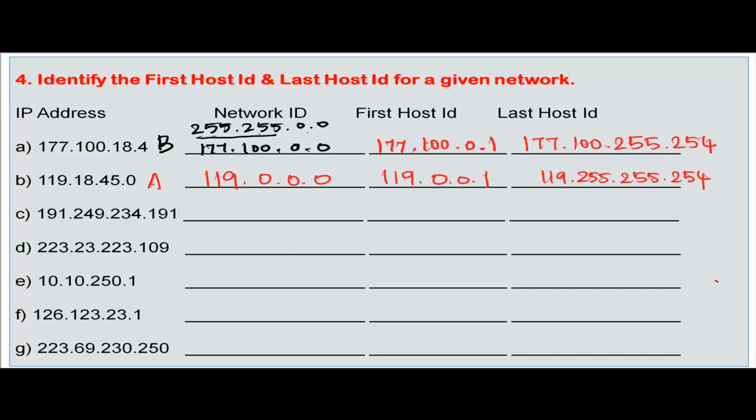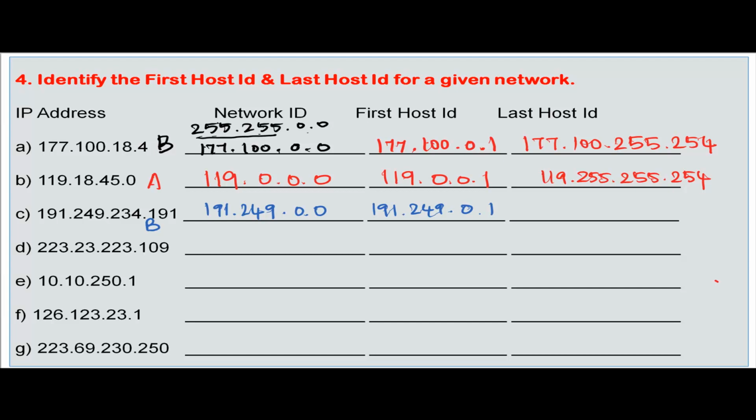Okay. Now I'm going for the next one, 191.249.234.191. So 191 is also a class B IP address. So in that case, 191.249, the first two octets are the network part. The remaining part we are going to make zeros. So the first host ID is 191.249.0.1.